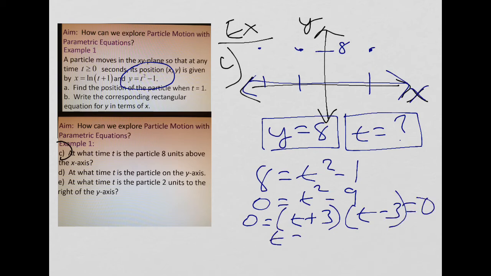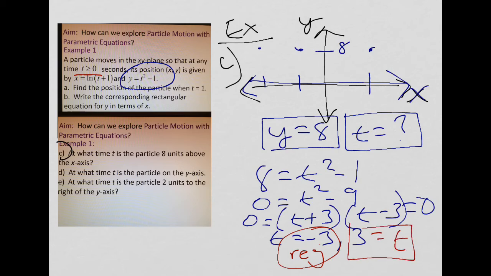And we get t is -3 and 3. Hold on. T is -3? Nope. We're going to reject that because t has to be greater than or equal to 0. It is time. So our answer here is 3. That is what was in question. So when it was 3 seconds.